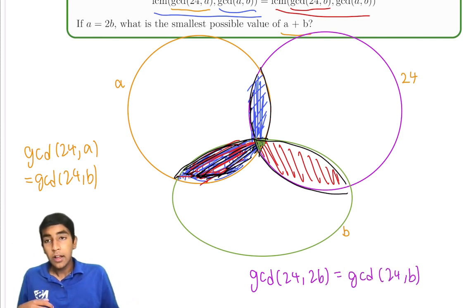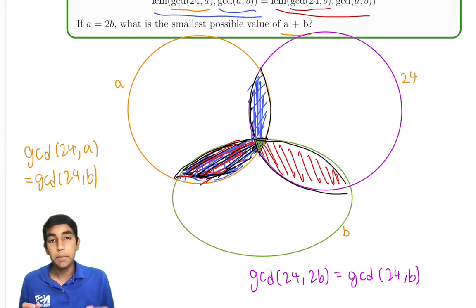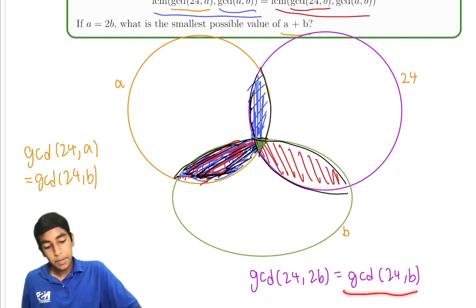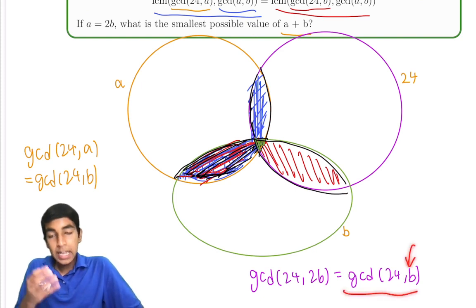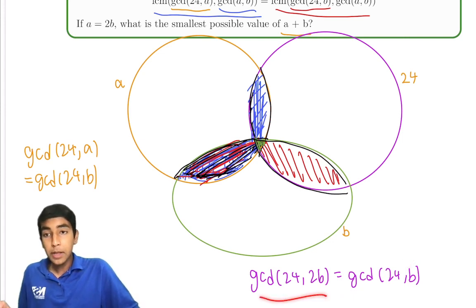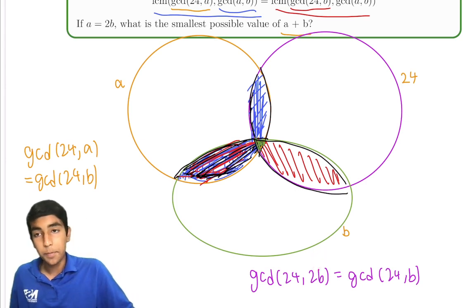So the greatest common factor is the common factors that belong to both b and 24 in this case, and by giving b an additional factor of 2, the GCD is unchanged, which means that this additional factor of 2 is not also shared by the 24.